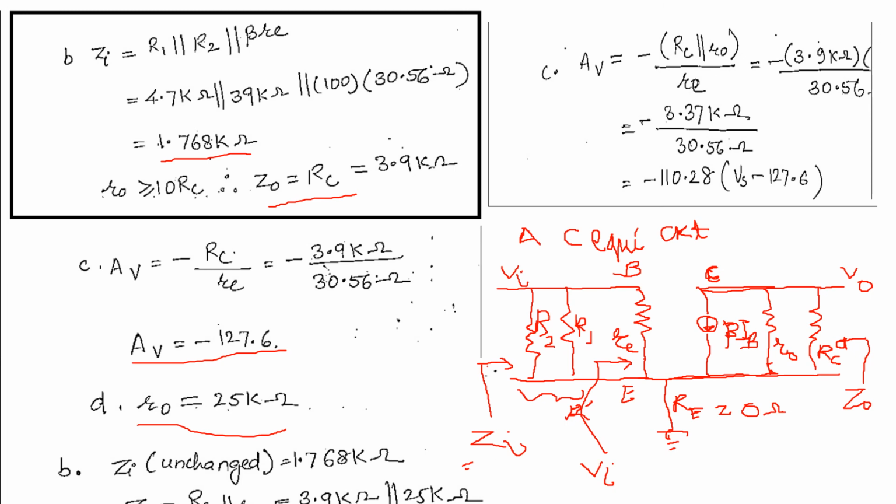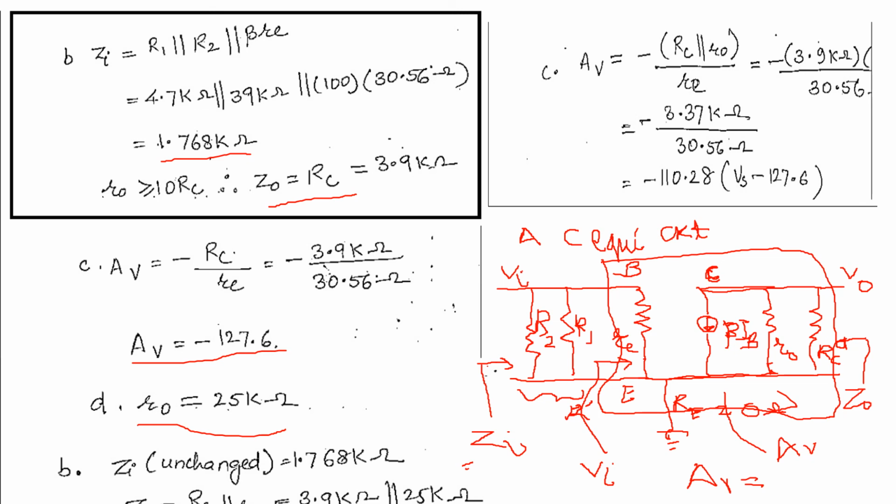We are not calculating the overall voltage gain, we are calculating the voltage gain only for this combination. So AV is equal to minus.